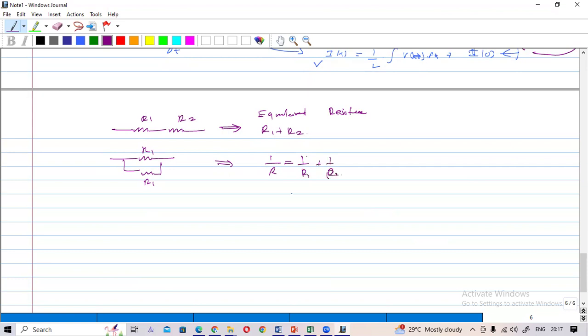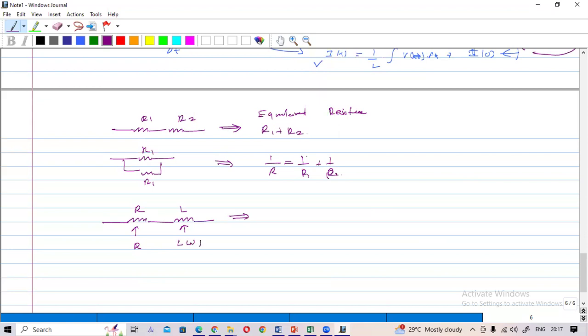Now let's say that you have connected a resistor and an inductor. Let's say that the inductor is L, and this resistance is R. So what is the equivalent resistance here? This R is the resistance of the resistor. The resistance of the inductor is what?